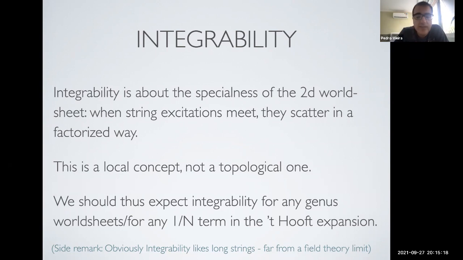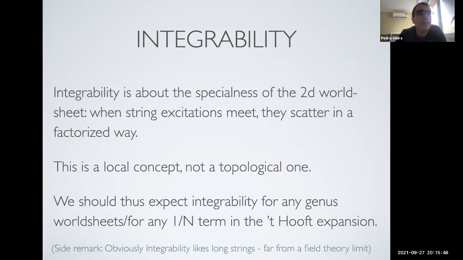By the way, let me make a side remark that I just added as I was listening to Fernando's presentation: from this point of view, obviously, string theory likes long strings. Even though we can have any worldsheet we want, big worldsheets are much better because there's lots of space for things to scatter. So it's always a challenge, and sometimes it can be seen as a feature, sometimes as a bug, that integrability likes big strings.